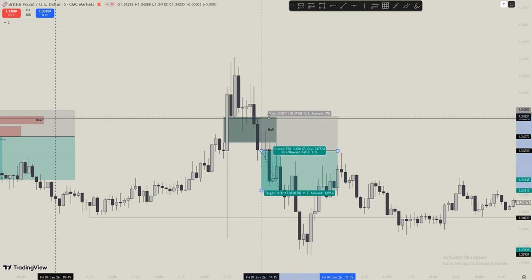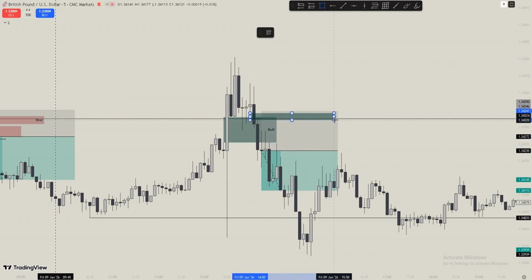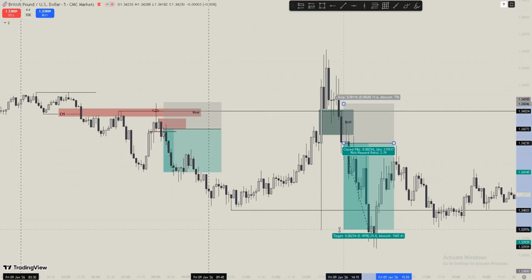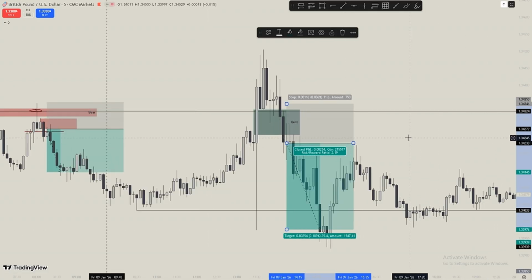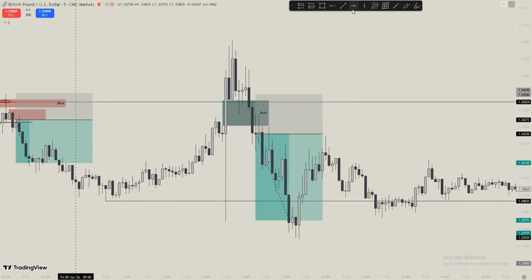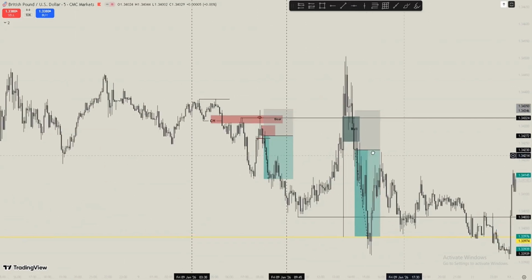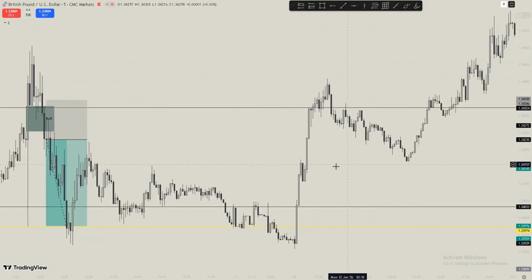We can push our stop loss somewhere around here, because we also have this bullish fair value gap, bearish fair value gap. And we can target this low. So that was the inverse fair value gap.